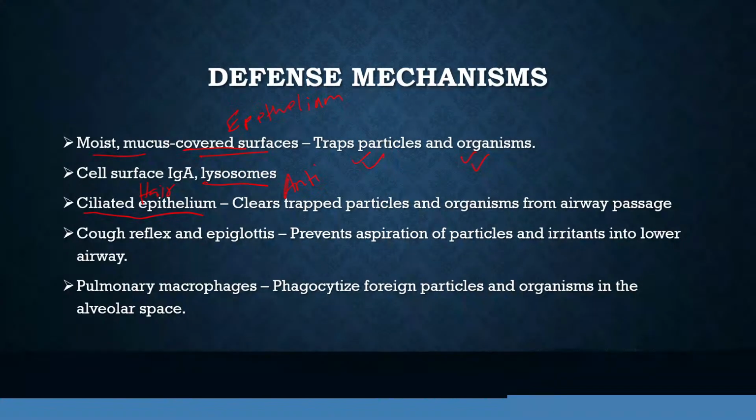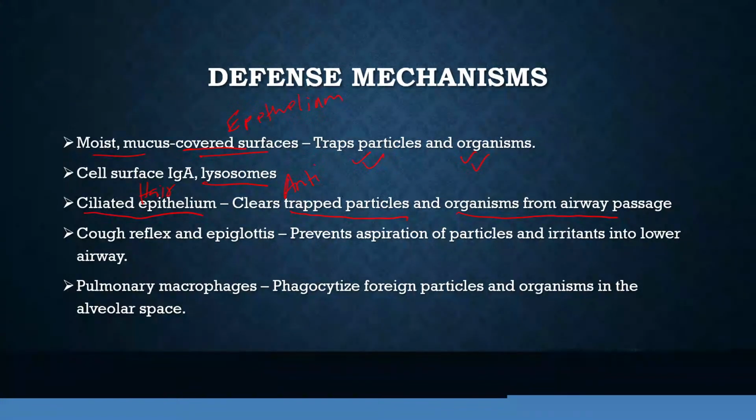The hairs in the respiratory tract are called cilia. And so through these hairs, the respiratory system is enabled to clear trapped particles and organisms from the airway passage.